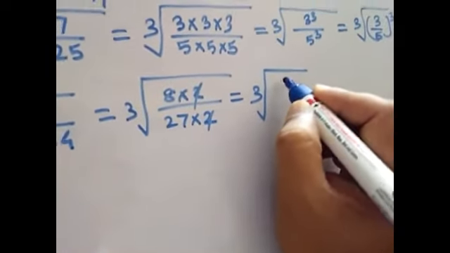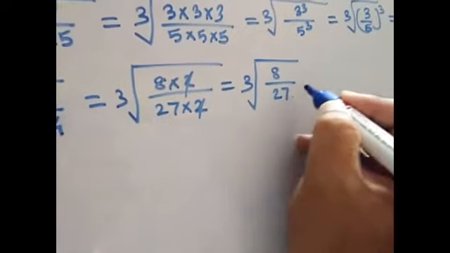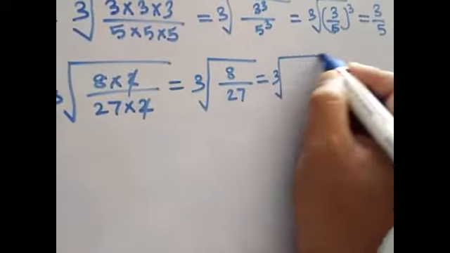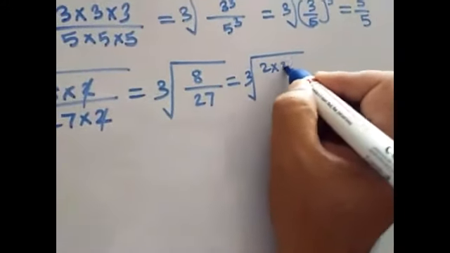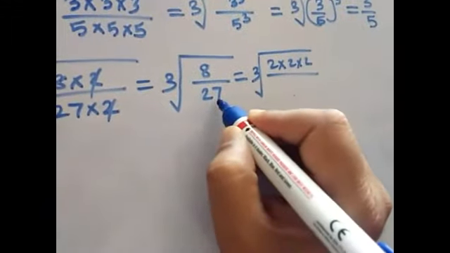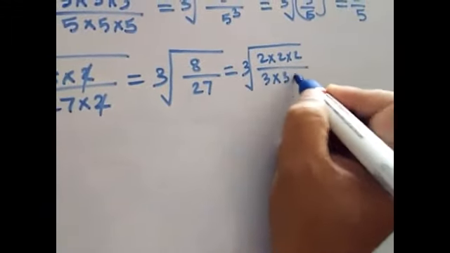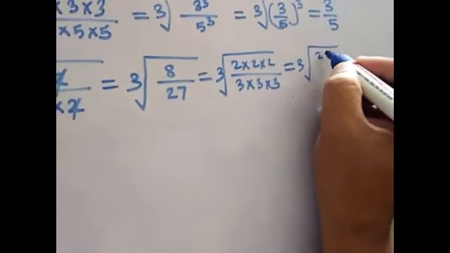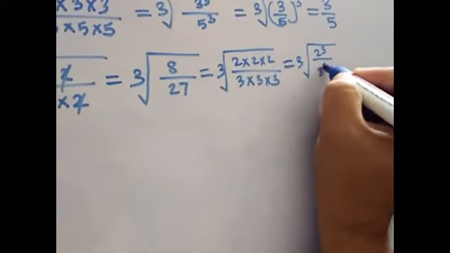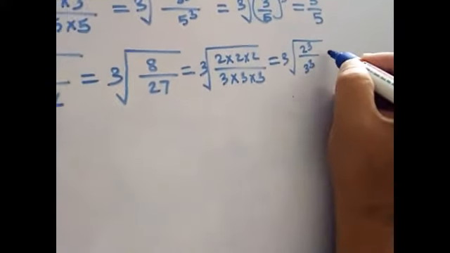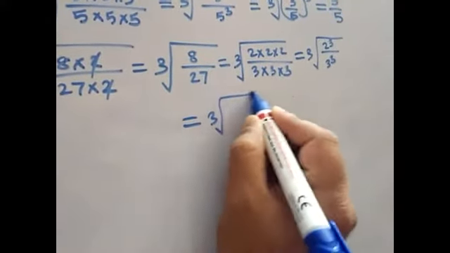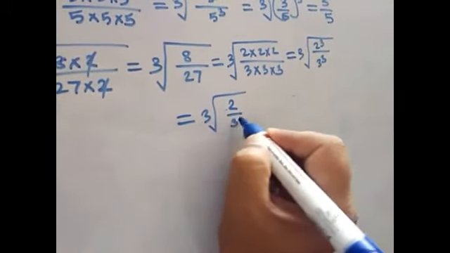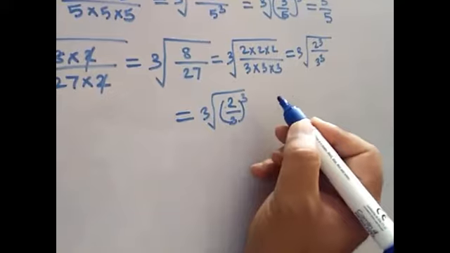What remains is the cube root of 8 divided by 27. 8 is 2 into 2 into 2 and 27 is 3 into 3 into 3, so we write cube root of 2 raised to 3 upon 3 raised to 3, that is cube root of 2 by 3 whole cube.